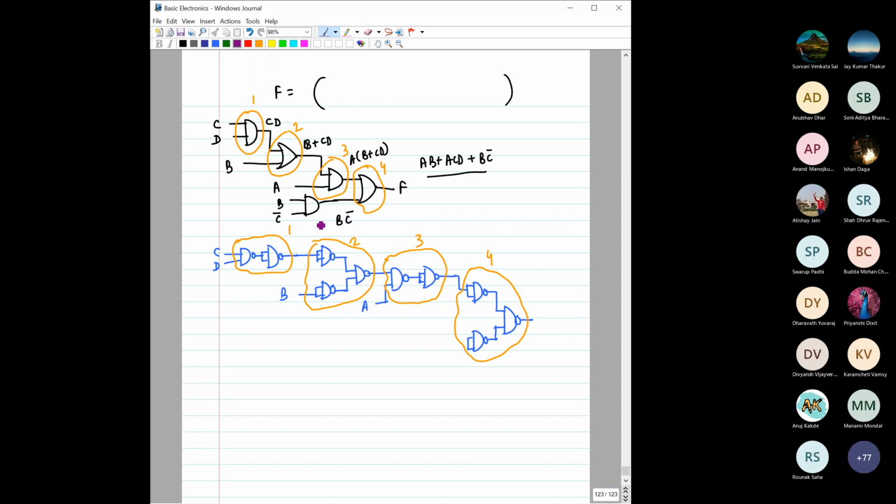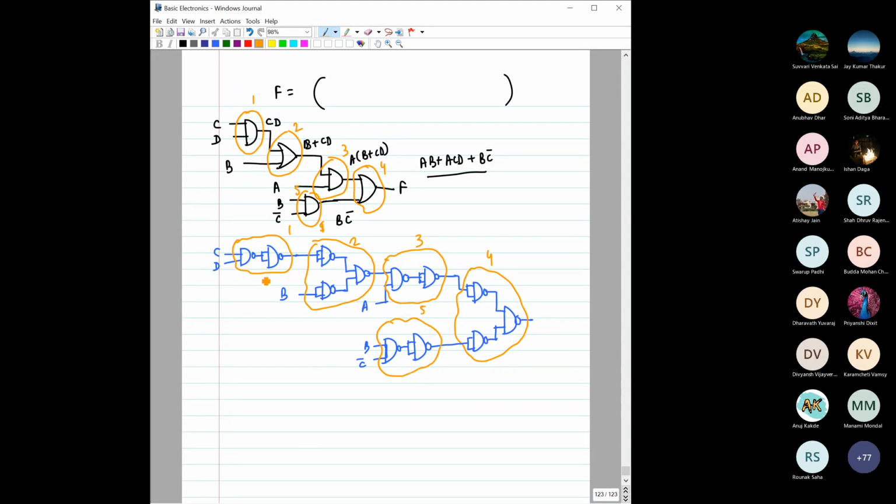Then we have one more gate, which is an AND gate, and this output will be connected with this. So we have an AND gate here between B and C bar. I write it here, the fifth gate.